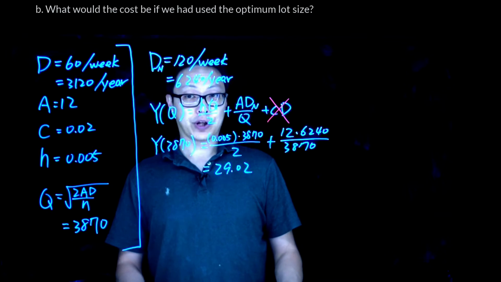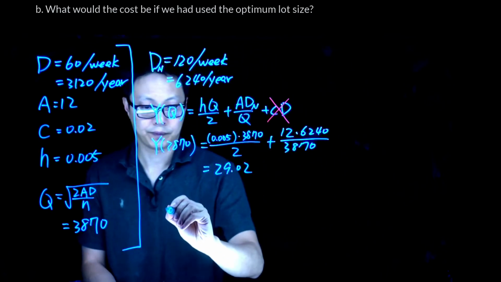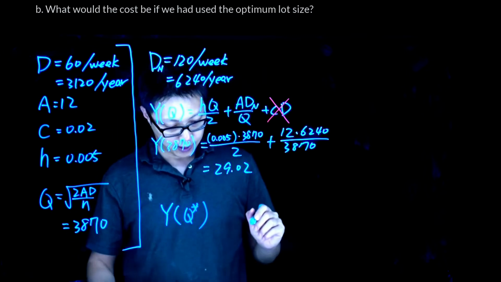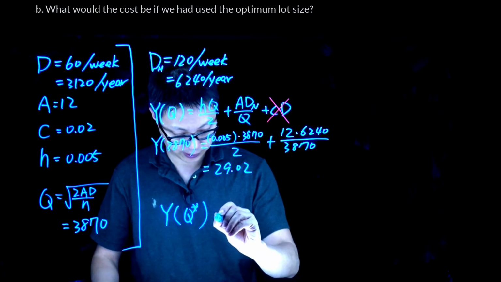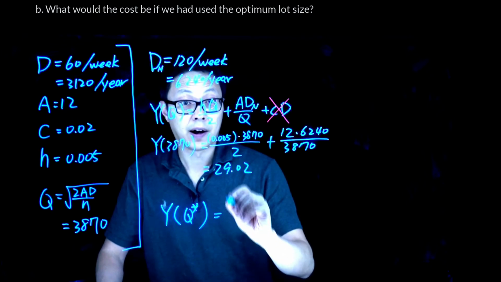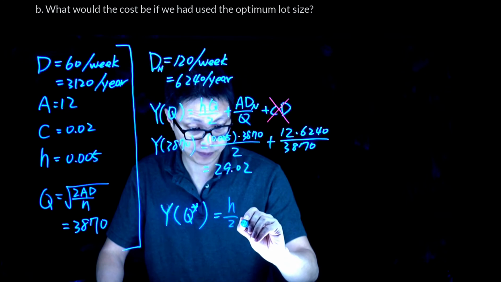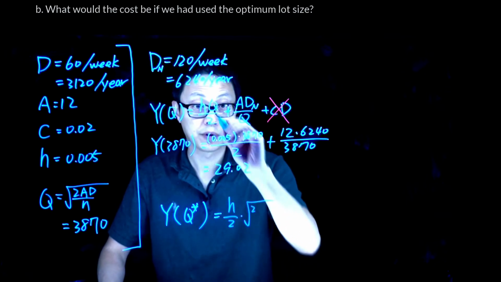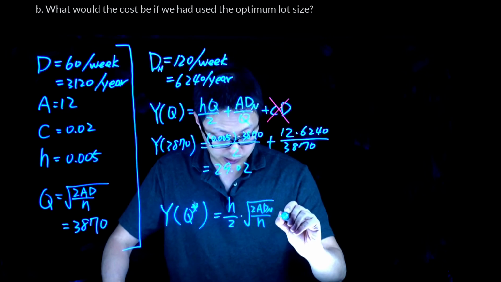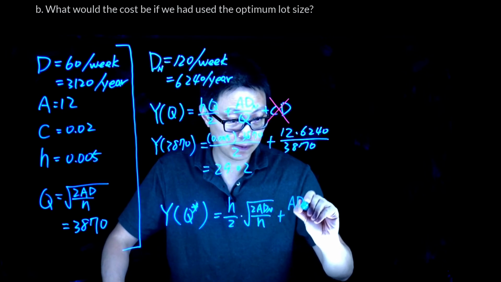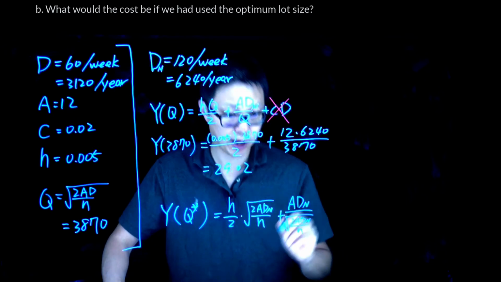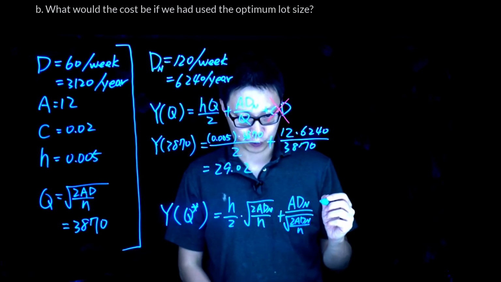So remember, if we order the optimal order quantity, Q star instead of Q, then the formulation is equal to H divided by 2 times the EOQ formulation, square root of 2ADN divided by H, plus ADN divided by Q, where again Q is square root of 2ADN divided by H. We want to ignore the third term here as well.